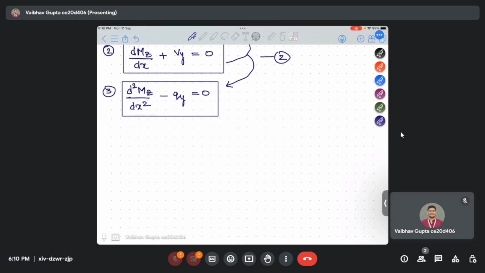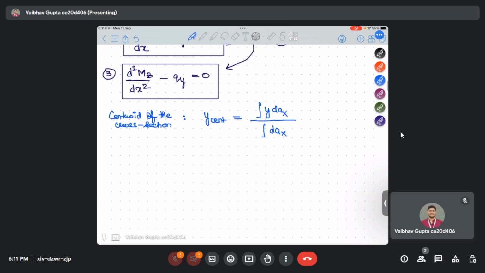Then we see how to find the centroid of the cross section and the moment of inertia of the cross section. So the centroid of the cross section: y centroid is equal to the integral of y dAx upon the integral of dAx.